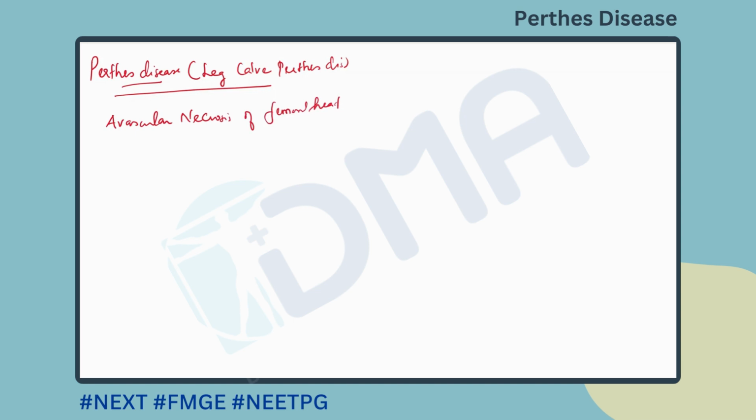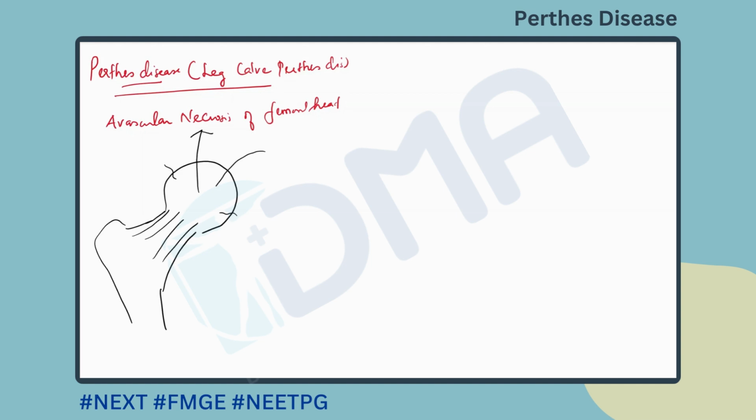You all know that the head of the femur receives a lot of blood supply via retinacular vessels, via the artery of the ligament of the femur, and through metaphyseal vessels. Now, when the blood supply to the head is lost, we call that avascular necrosis.